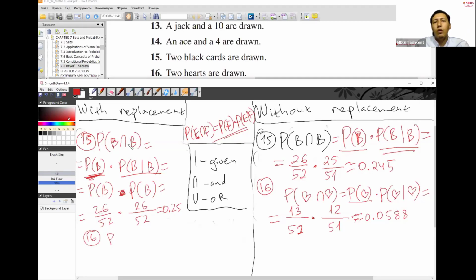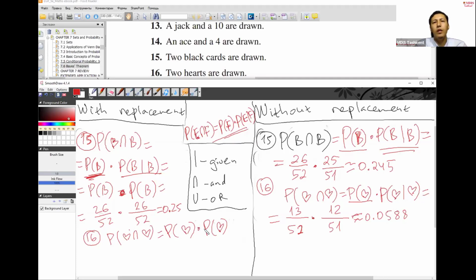Usually we call them independent events. Next, the heart and heart. The probability of the second event isn't affected by the probability of the first event.